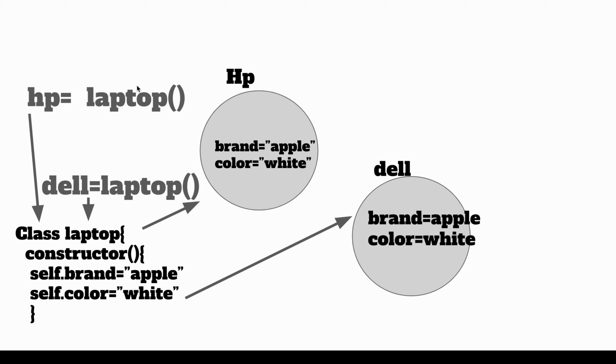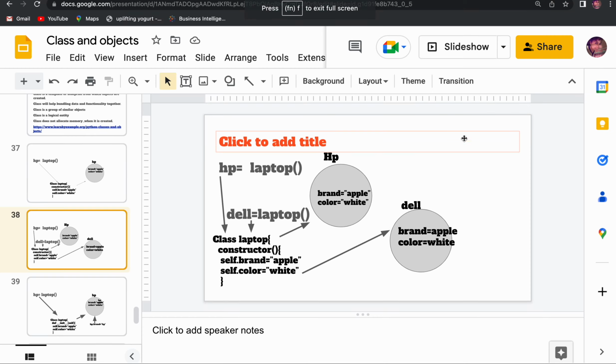First time when HP was executed, the current reference was HP, the instance was HP, and the self keyword was referring to the HP object. Whereas when it comes to Dell, the current instance is Dell, so self is referring to the Dell object. I hope you're clear.